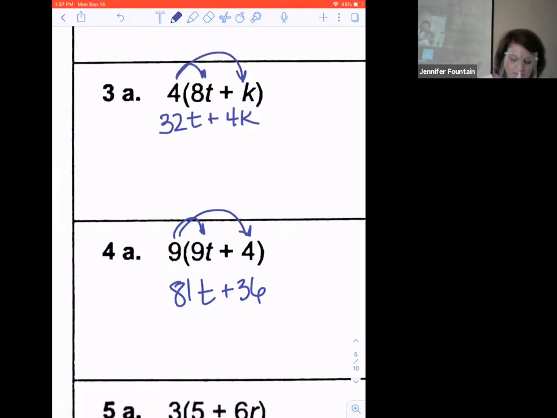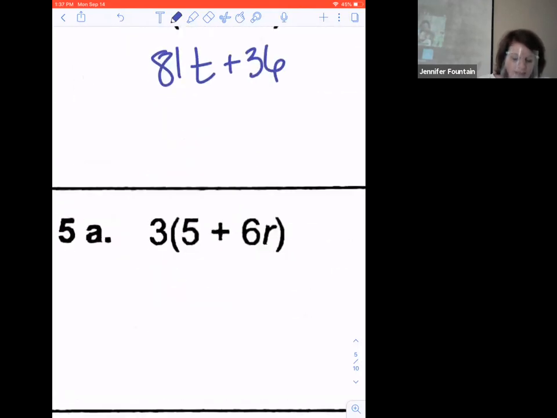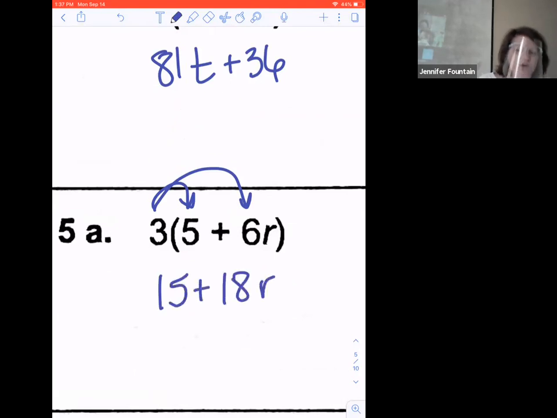Good. Keep on moving. On 5a, I have 3 times 5 plus 6r. I multiply 3 times 5 and 3 times 6r. So what is my answer going to be on this one? 15 plus 18r. Good.